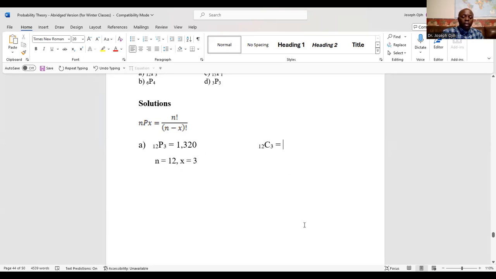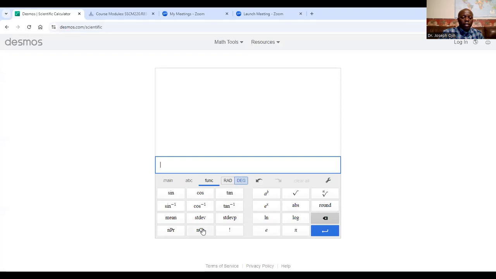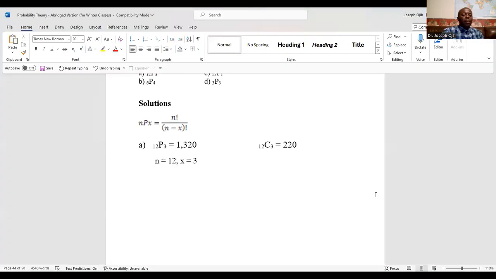When we go to the calculator, n is 12 and x is 3. We click and choose nCr, then 12, comma 3. It gives us 220. So we have 220 if it's combination, but if it's permutation, it is 1,320.